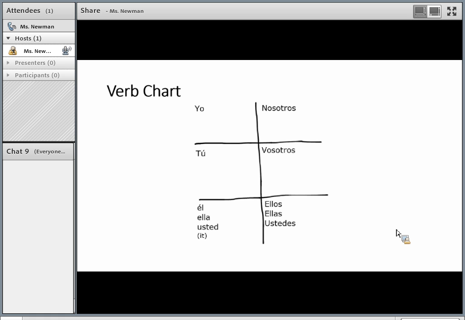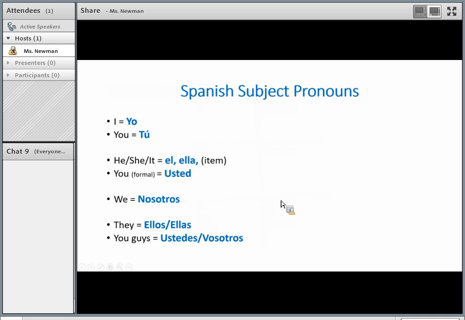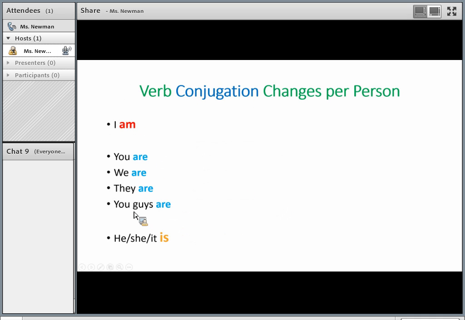So all we have here is this chart, and we've put our Spanish subject pronouns in each little box. Okay, and as you can tell, whatever is sharing a box is going to use the same conjugation. Okay, let's go back here. Just like in English, all these right here would be in one box together, right? Because they're all sharing that same conjugation.